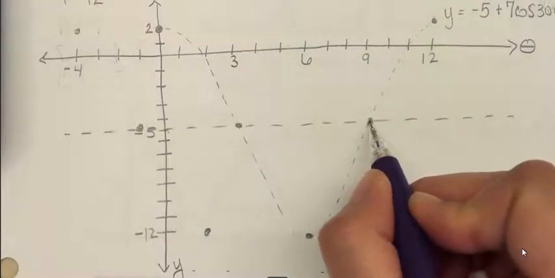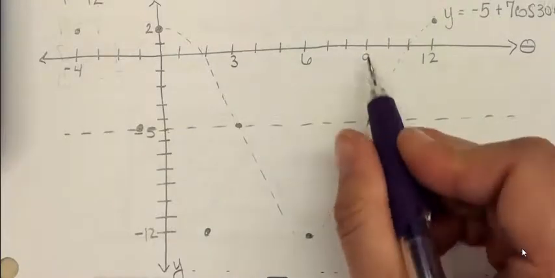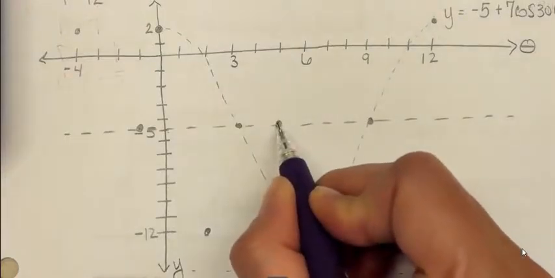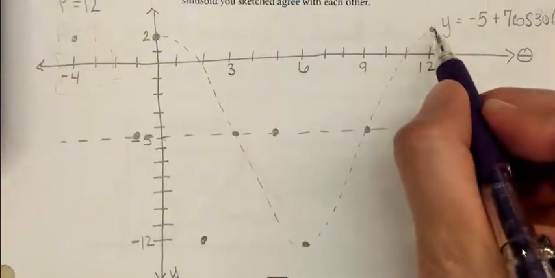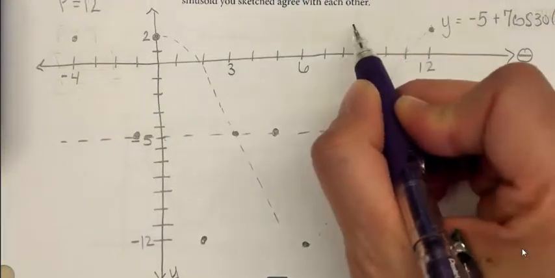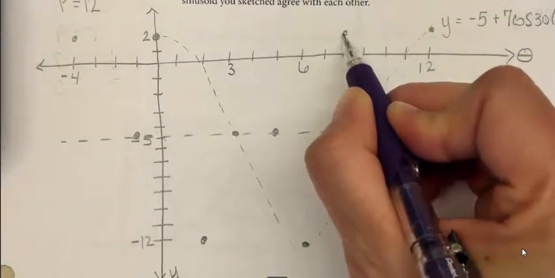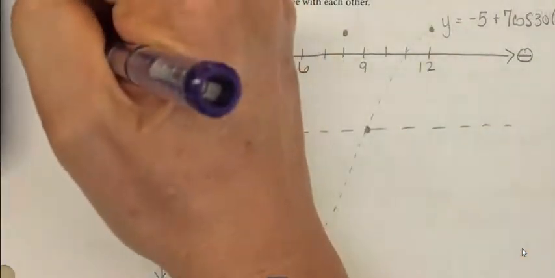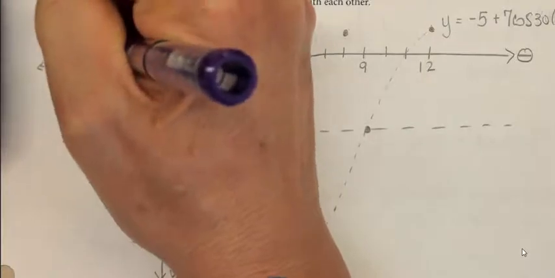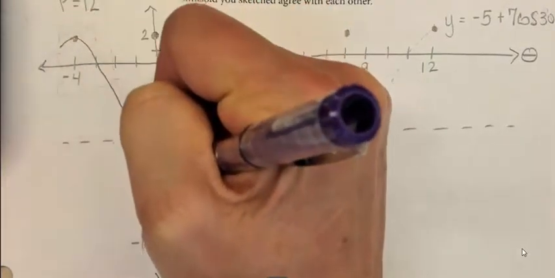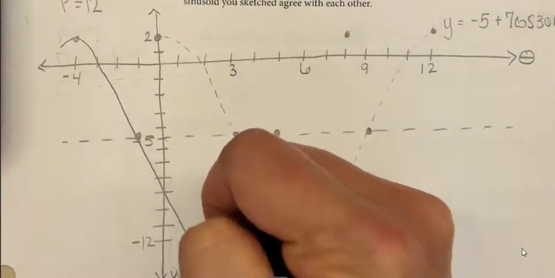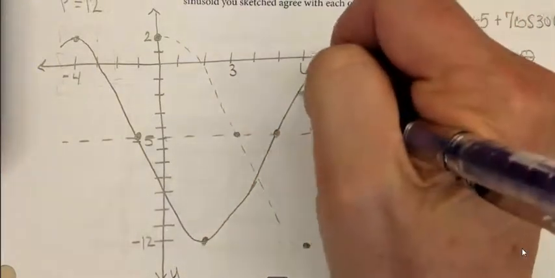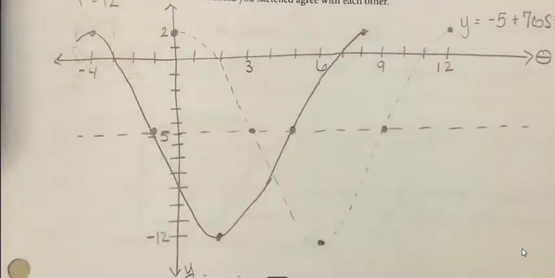My next midline point was at 9. That needs to be shifted back 4, so that'll be at 5. And then once again, my highest point was at 12. Shifting that back 4, I'm at 8. All right, so the actual graph, and this is just one period that I've plotted. They get kind of challenging to do, the whole several periods on some of these graphs.